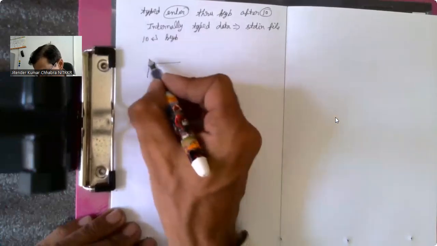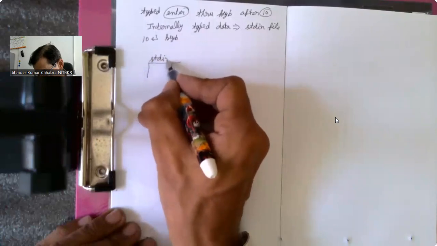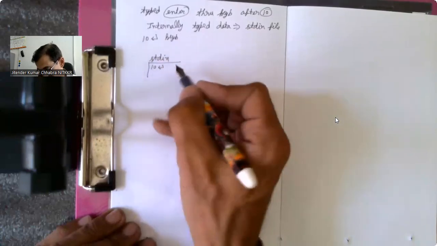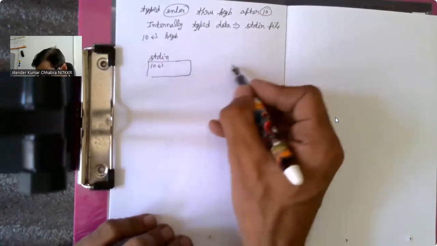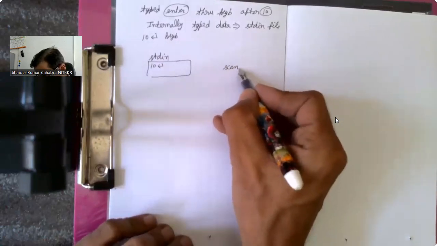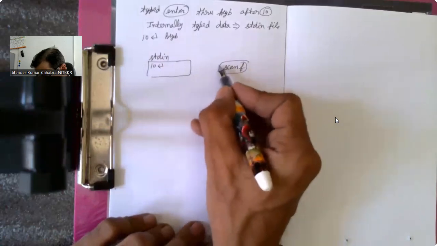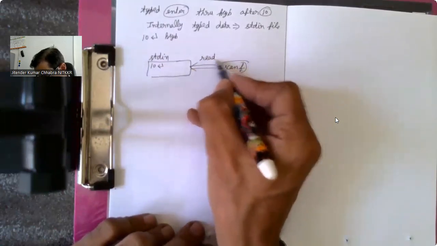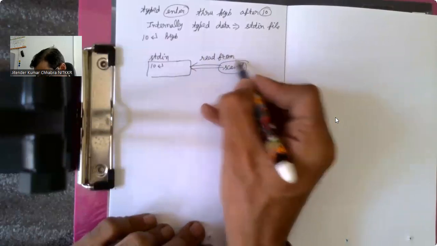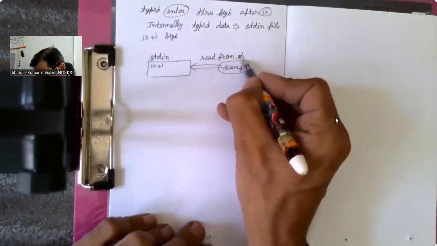Internally, this has gone to the stdin file, where 10 and enter are there. Now, your scanf statement always tries to read the data from the stdin file, not directly from the keyboard. It always goes to read the data from the stdin file.